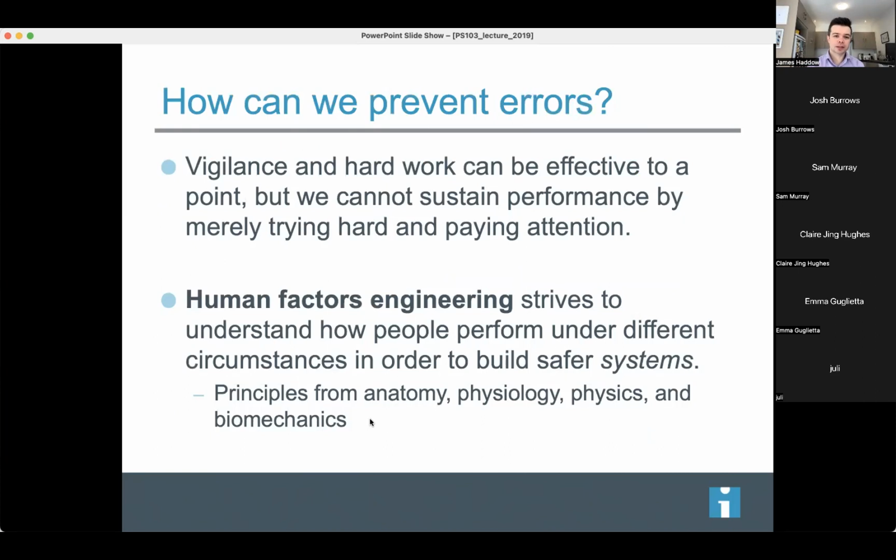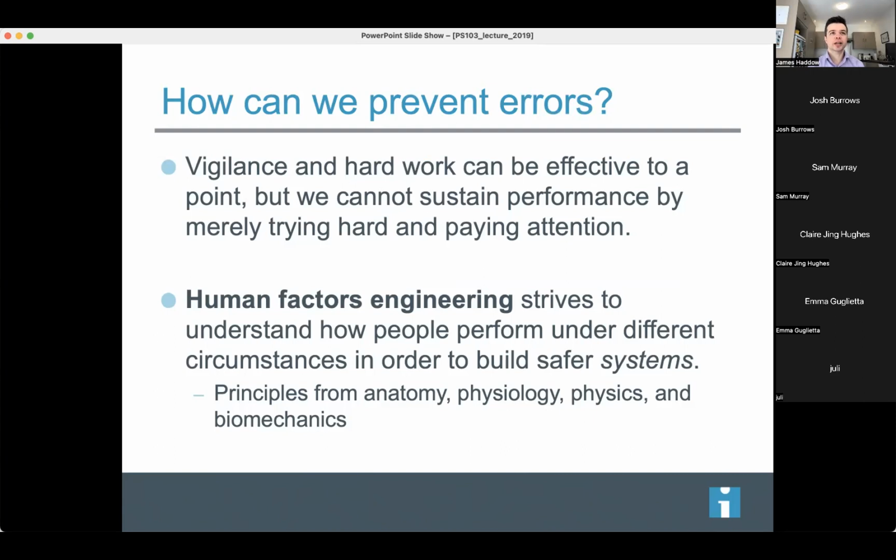So how can we prevent errors? So we can talk to our employees and say, you need to be better, you need to work harder, you need to be more vigilant. But we all know that that's probably not going to work, because it's difficult to get people to sustain performance above what they're naturally able to perform at.